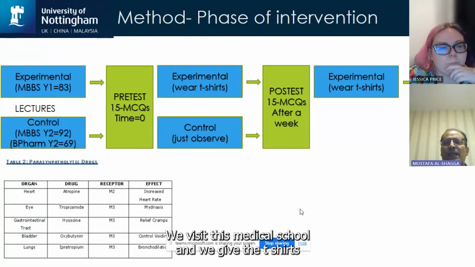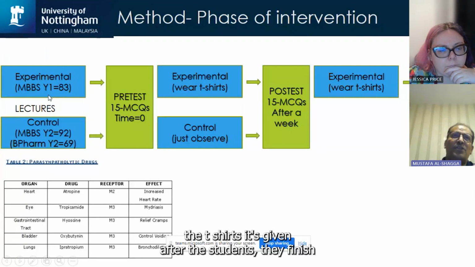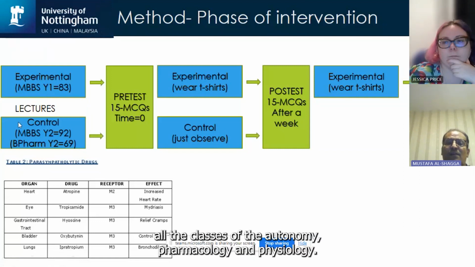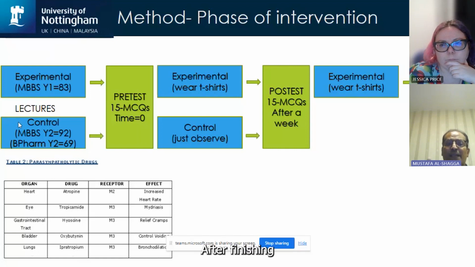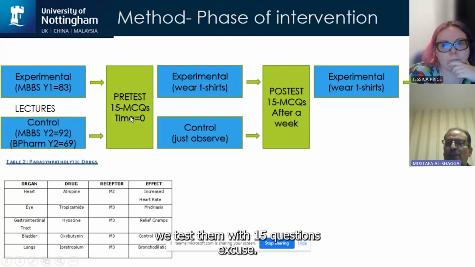We visited this medical school and gave the t-shirts only to year one students. The t-shirts were given after the students finished all the classes of anatomy, pharmacology and physiology. After finishing about 3 lectures in year 1, we tested them with 15 MCQ questions.